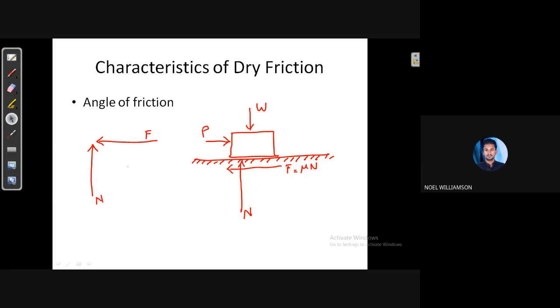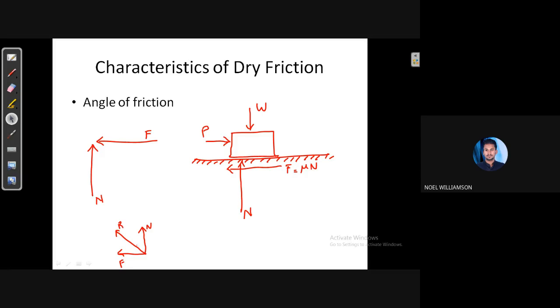When two forces act on a point, the resultant will act through that point, and we can represent these forces using the parallelogram law. N is acting like this, and F is acting like this, right? Then there will be a resultant like this.